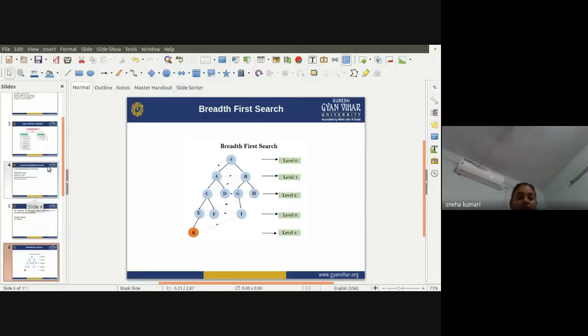It will follow the path shown by the arrows. The traversed path will be S to A to B, B to C, C to D, and D to G, and after G to H, H to E, E to F, F to I, and I to K. They have to traverse so many paths.